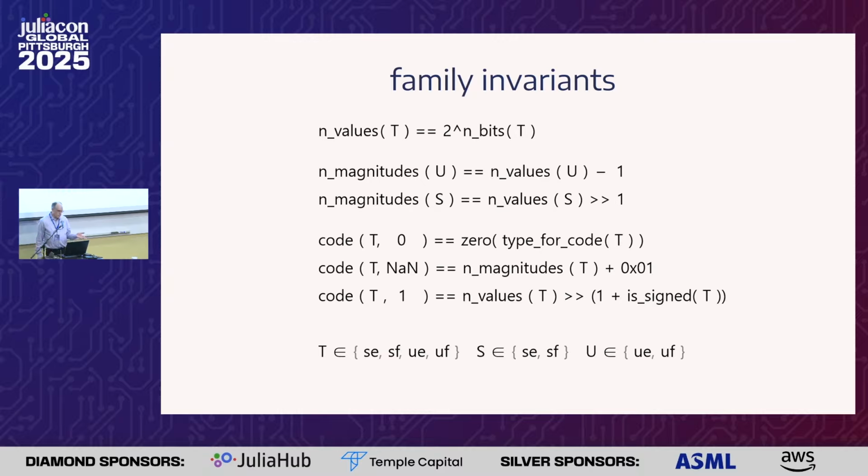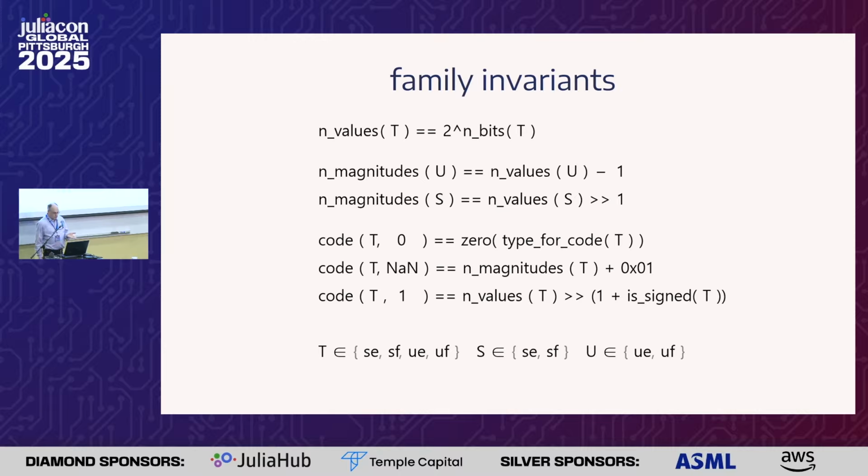So we can go from the number of magnitudes, which is, magnitude is essentially the absolute value, and using that turns out to be very handy in figuring out other things. And it's up here on the screen so that I can point out the kind of symmetry of a sort between the unsigned and signed here, where in each case you take the number of values and you do something involving 1 with it.